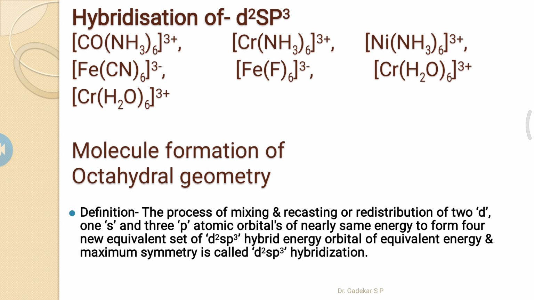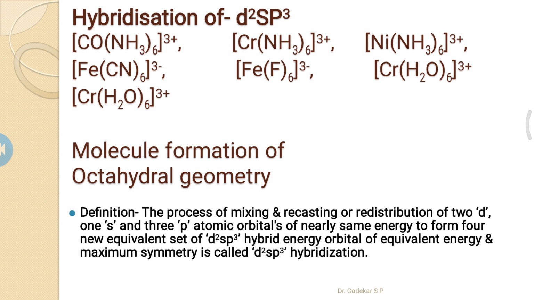Okay, so here we discussed the hybridization of d2sp3. This hybridization is involved in the hexaamine cobalt complex. Sorry, here not carbonyl, it's cobalt. Okay, the hexaamine cobalt complex involves d2sp3 or sp3d2 types of hybridization.